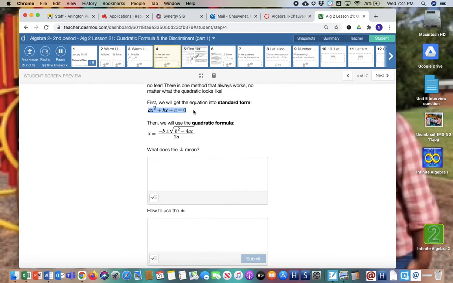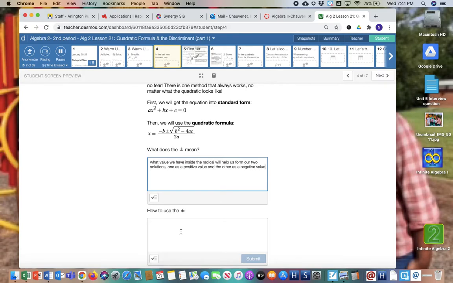Okay, so let's focus on some things here. What does the plus minus mean? It means that what value we have inside the radical will help us form our two solutions, one as a positive value and the other as a negative value.